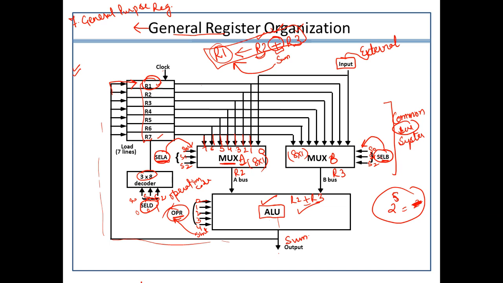Because now I am explaining that R2 plus R3 wants to transfer the data to R1. But exactly how will this be understood by the processor? How will this entire analogy work? Let us understand that in more detail.